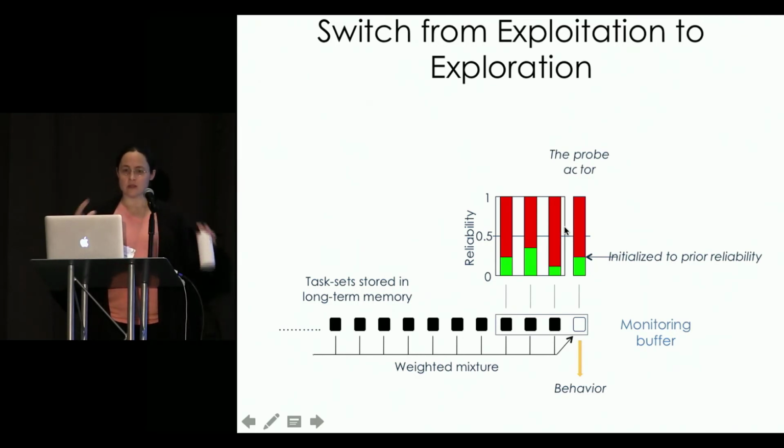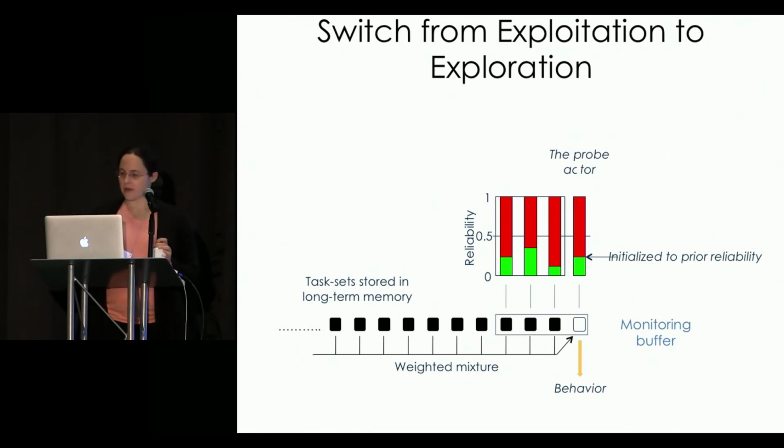So you essentially enter a high-level exploration period. Before that, you were exploiting previous task sets. Now you're exploring the possibility of a new task set while checking whether the other task sets might also be valid.